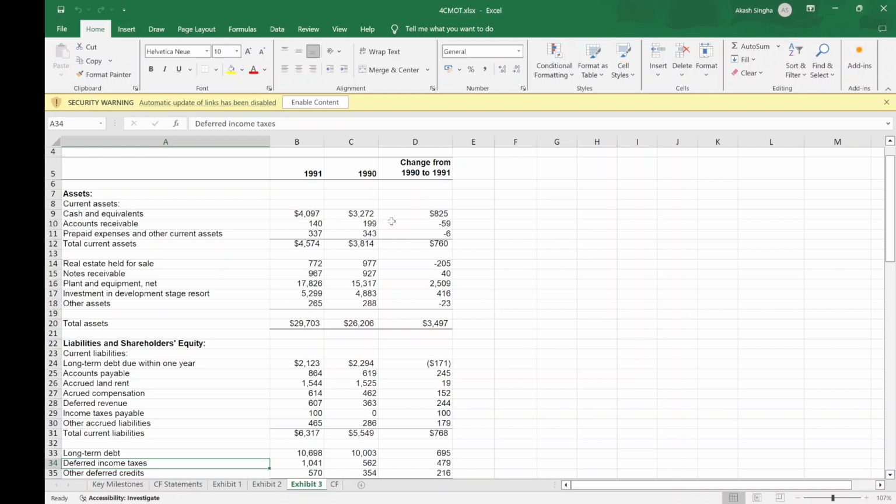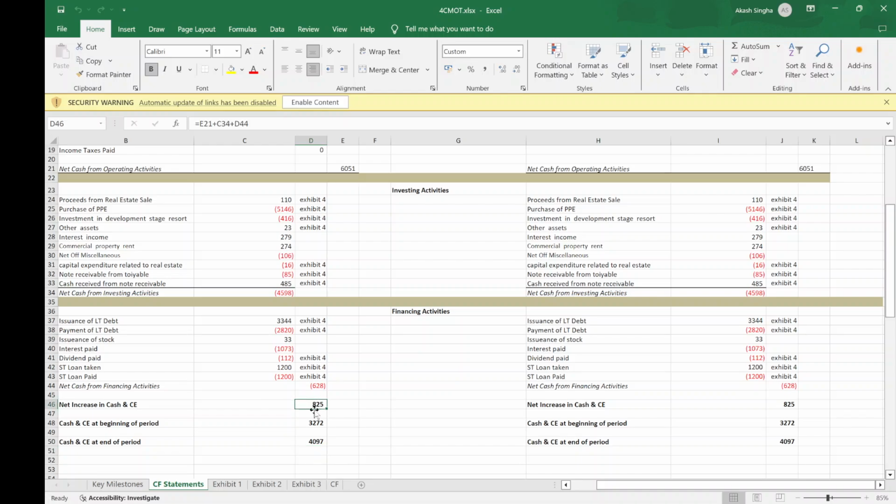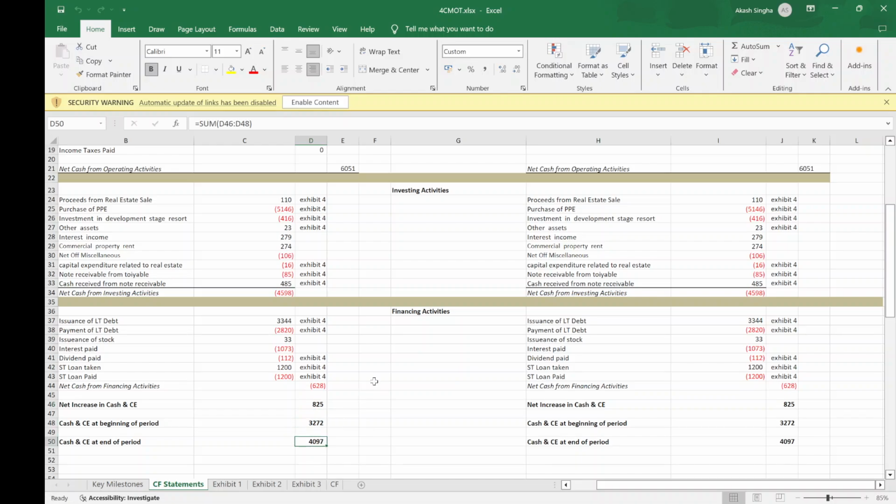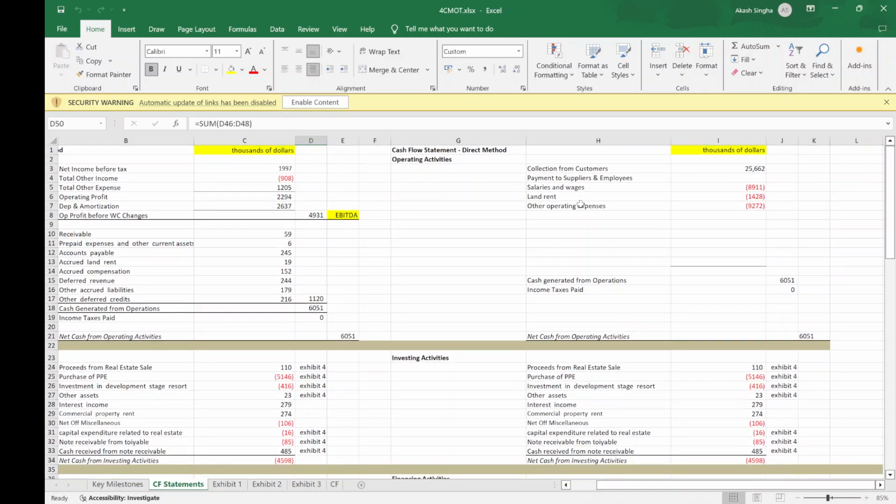Let's see, the change is 825. So here it's 825, so it's fine. And the ending is 4097, so it's 4097, so it's correct. Again, I'm not doing the direct method because, as I said, we don't need it in the exams.